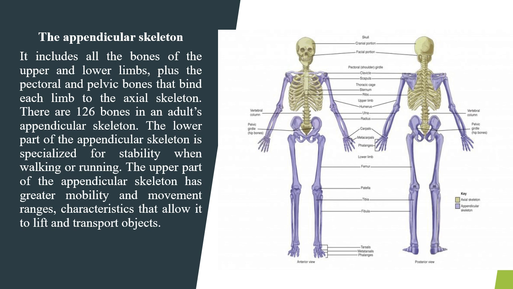The lower part of the appendicular skeleton is specialized for stability when walking or running. The upper part of the appendicular skeleton has greater mobility and movement ranges, characteristics that allow it to lift and transport objects.